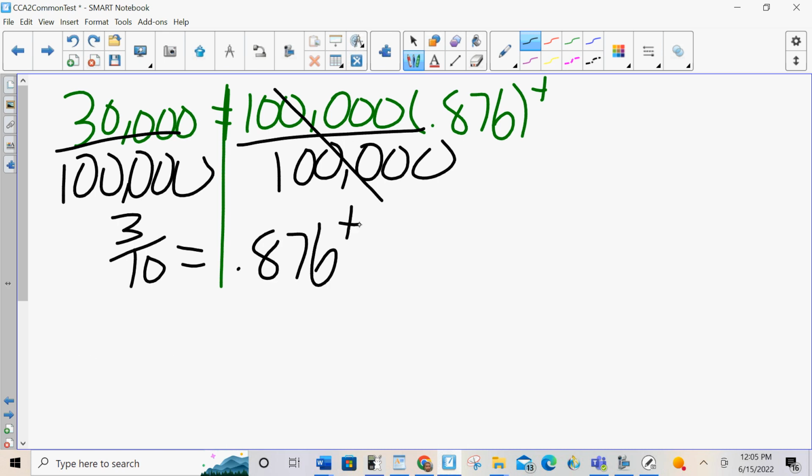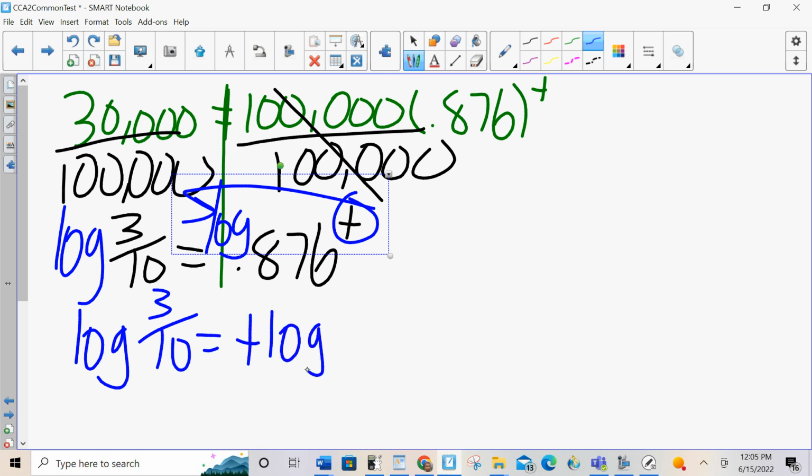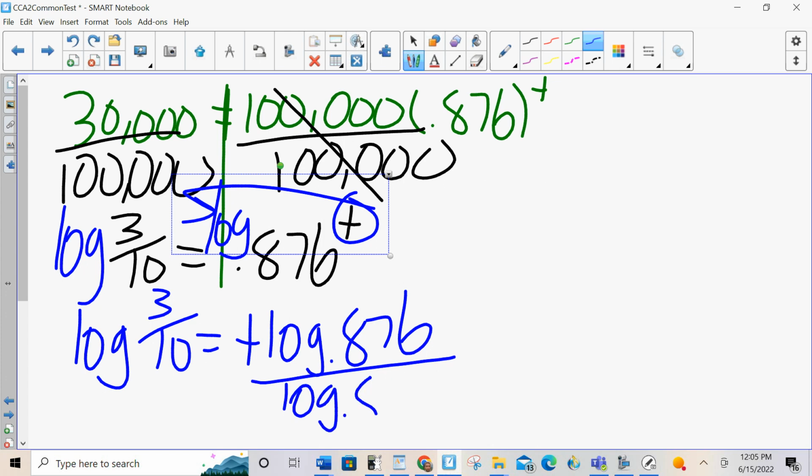Now that I isolated the base, to solve a variable exponential equation, I do the log of both sides. The variable comes in front: log of 3 over 10 equals t log 0.876. Divide away the log 0.876.